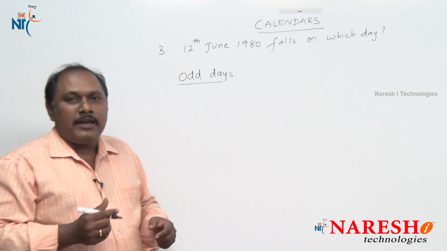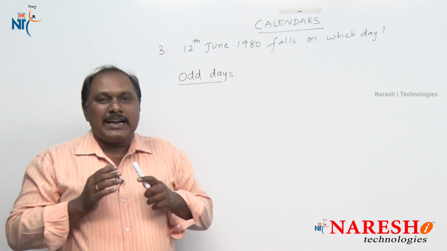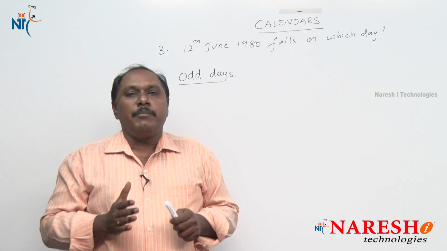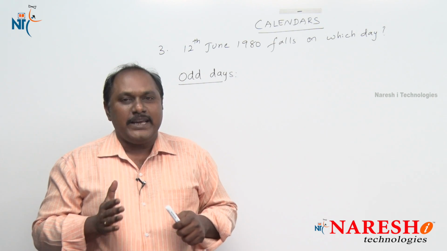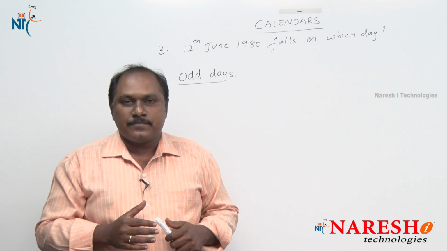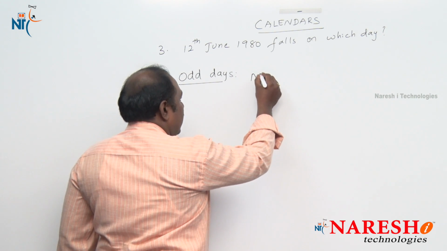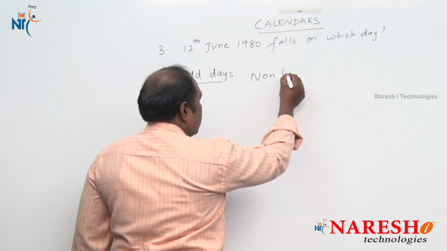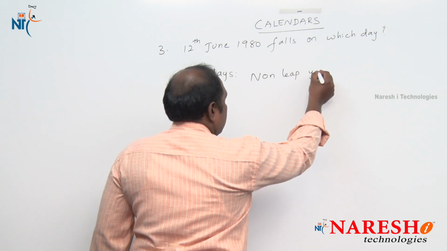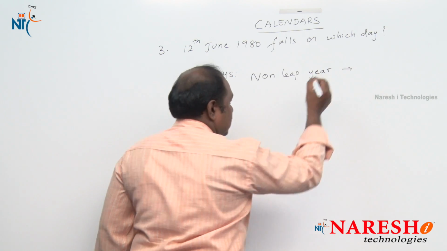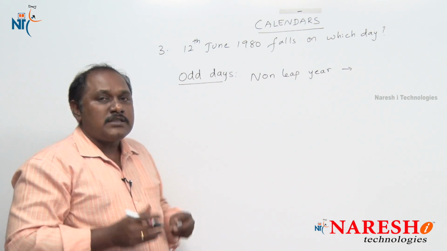Now, what do you mean by odd days? The days which cannot be converted into weeks are odd days. Let's take a small example. A non-leap year has how many odd days? Let's try to find out.